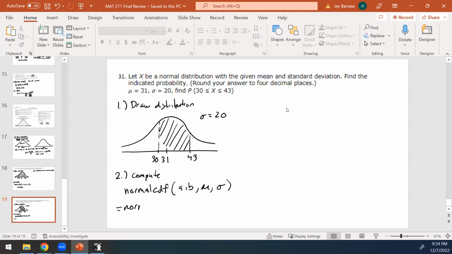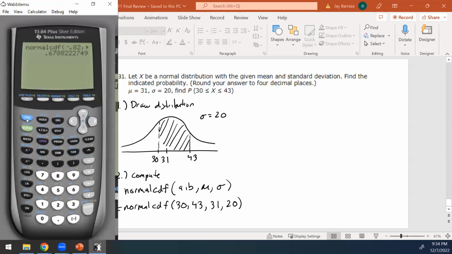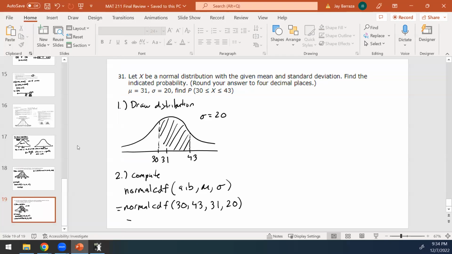So it's going to be normal CDF 30, comma, 43, comma, 31, comma, 20. If we plug that into our calculator, second distribution, normal CDF 30, 43, 31, 20, we get an area of 0.24567.